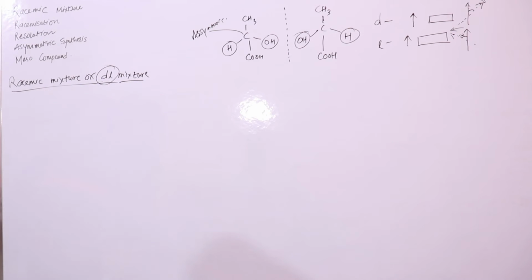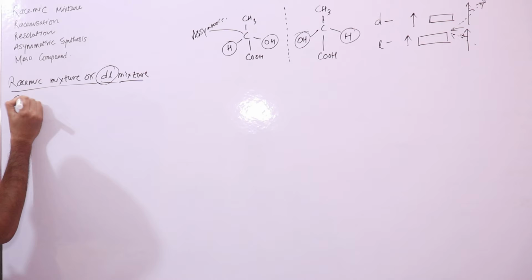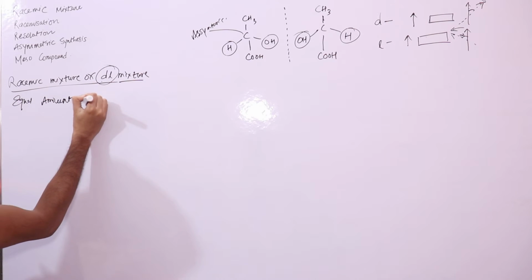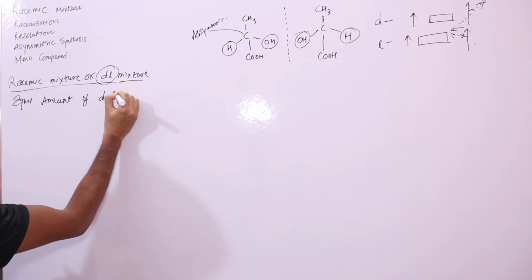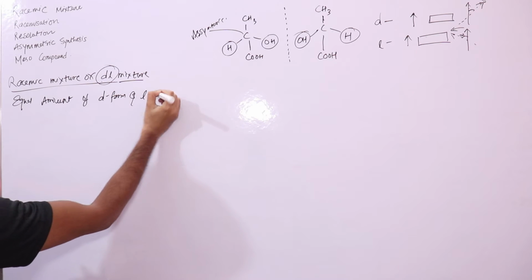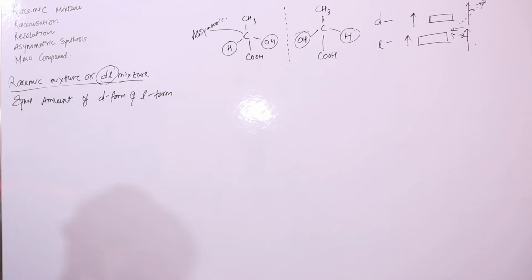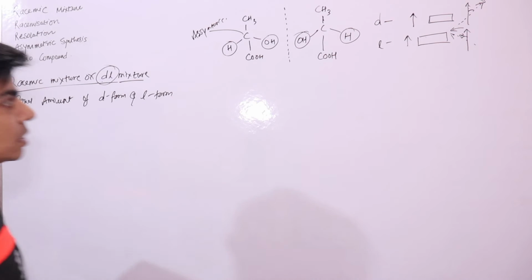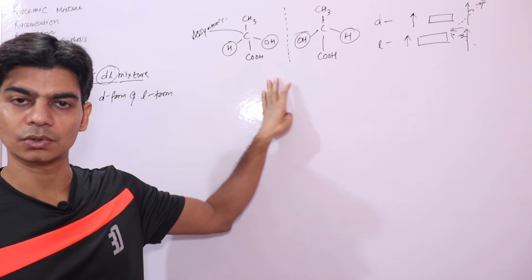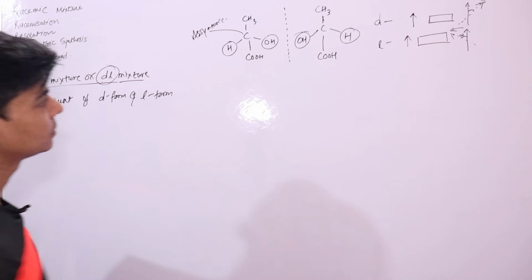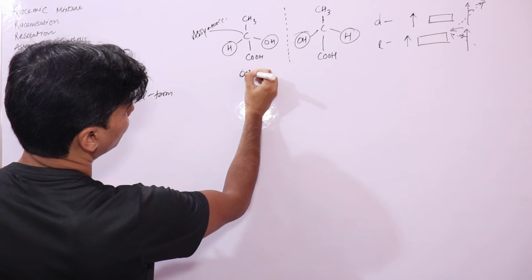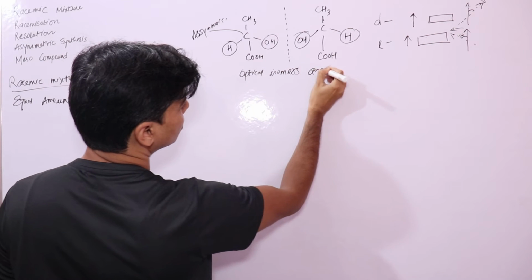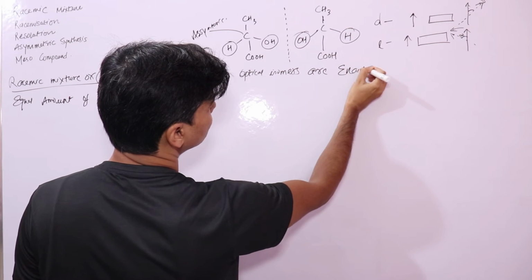Because this mixture consists of an equal amount of D form and L form, or it has equal amounts of both the enantiomers. Because remember, these two are enantiomers. Optical isomers are enantiomers, right?